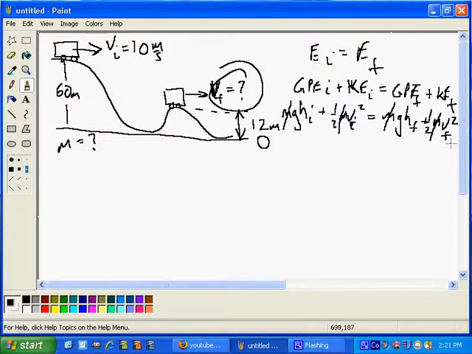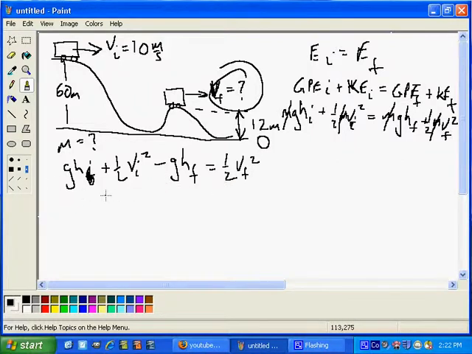And for me now to look for the final velocity, all I have to do is multiply everything by a 2, and I get rid of this 1/2, and then I can also take this term over to this side. So my equation becomes gh initial, sorry, that's wrong, that's initial, plus 1/2 v initial squared minus gh final equals 1/2 v final squared.